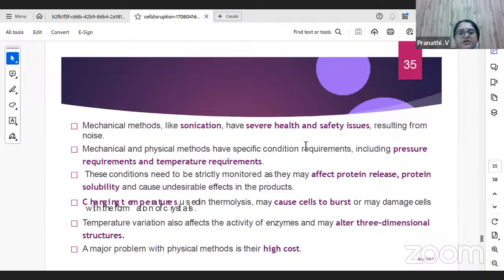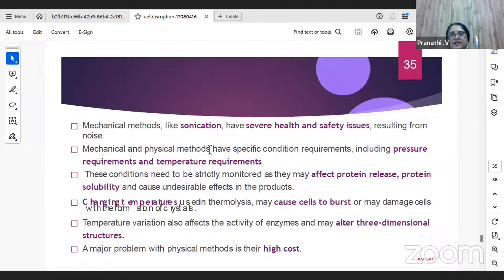And so this is not exactly healthy when you're using it for a long, prolonged time. Mechanical physical methods also have prerequisites, so you need to take care of that.